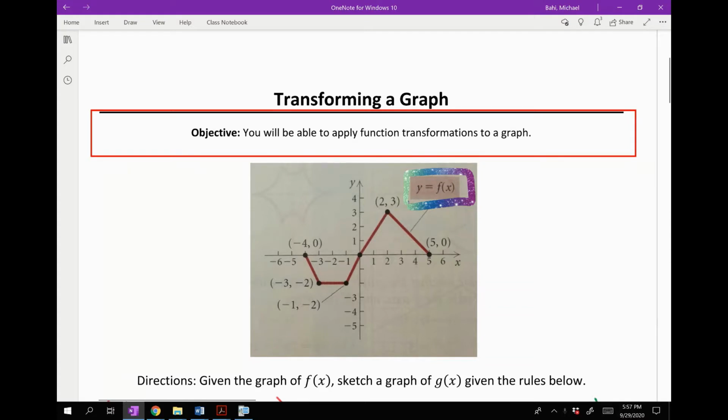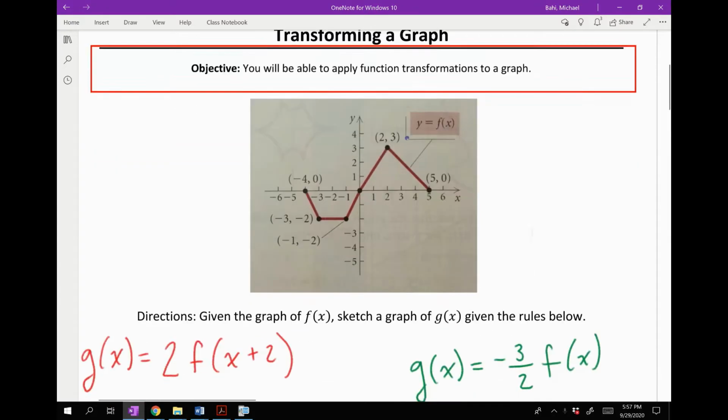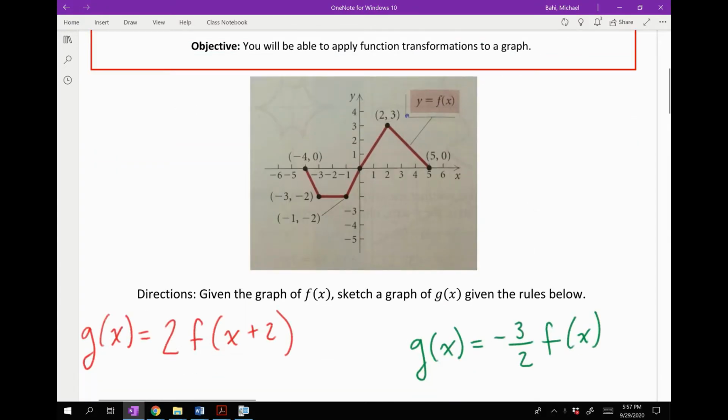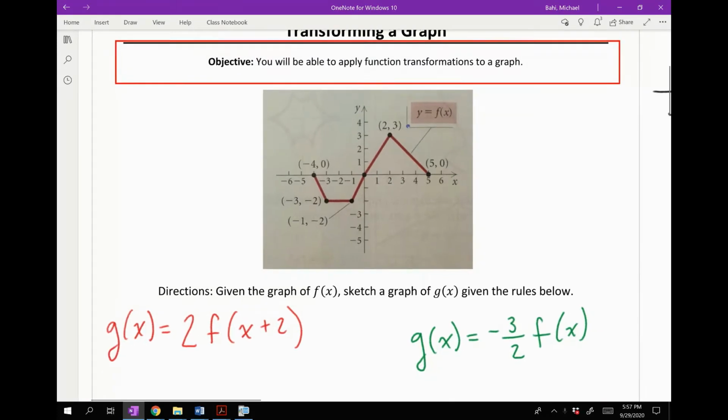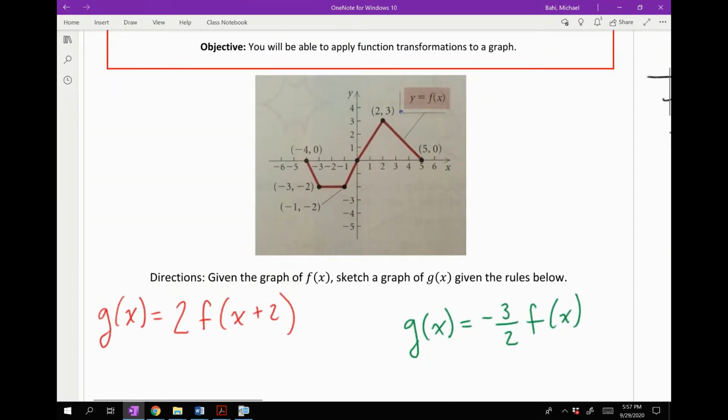And the directions are, given the graph of f of x, sketch a graph of g of x, given the rules below. So what we're going to have to do is see how these different transformations, which they're calling g of x, because we can't call it f of x since that's already taken for the original one.